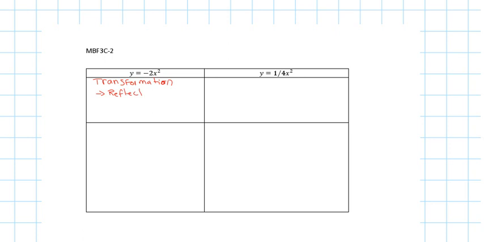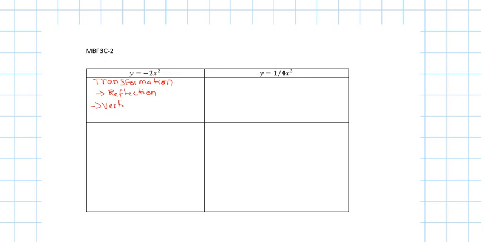What does the 2 do to your graph? Vertical stretch. All I need from you is vertical stretch, but if you want to go a little beyond, you can say vertical stretch by a factor of 2.